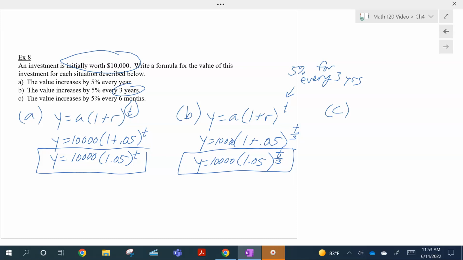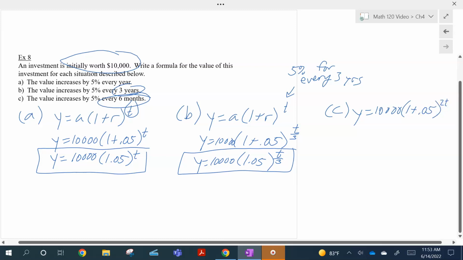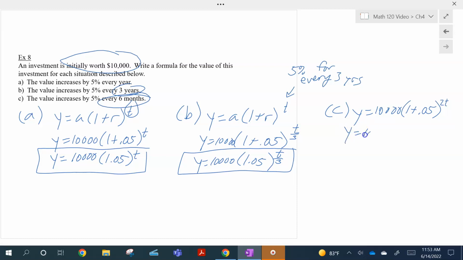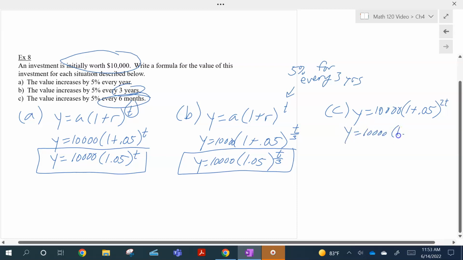Now, part C says every 6 months. So now I want to double the rate because it does it twice a year. So I have 10,000 bucks going up 5%, but I got to double that time because it's doing it every 6 months. For example, at the 6 month mark, my time is a half a year, right? 1/2.